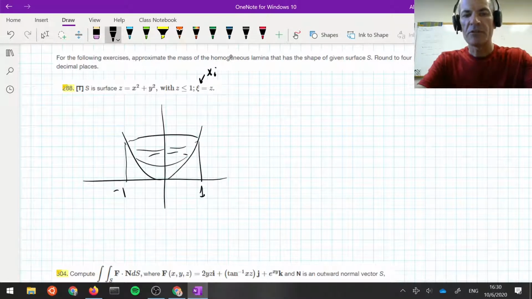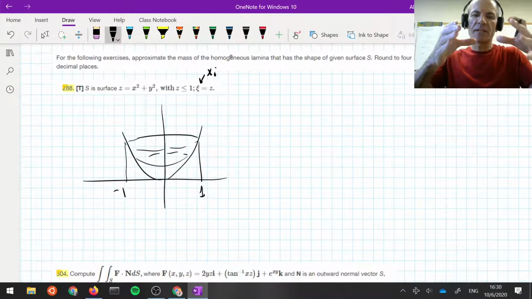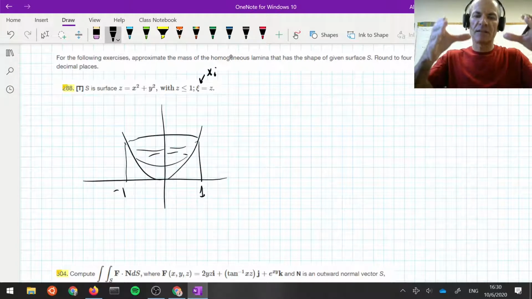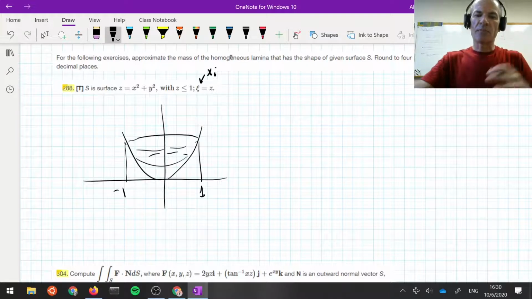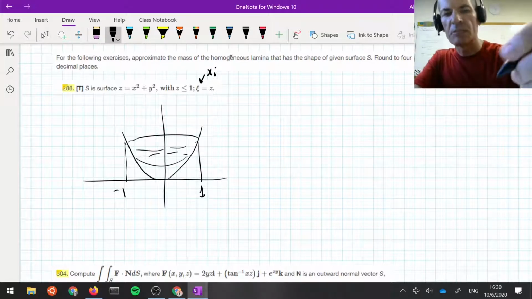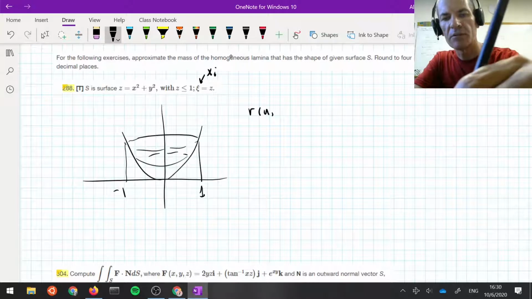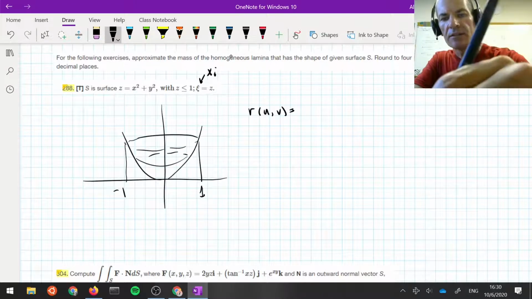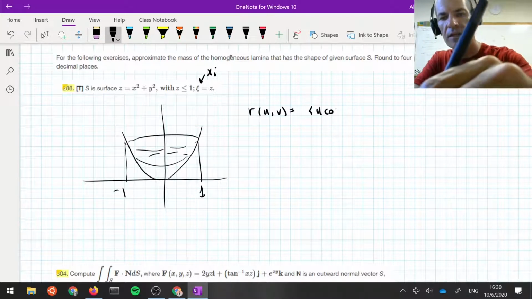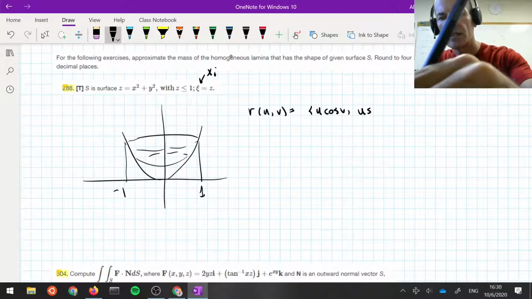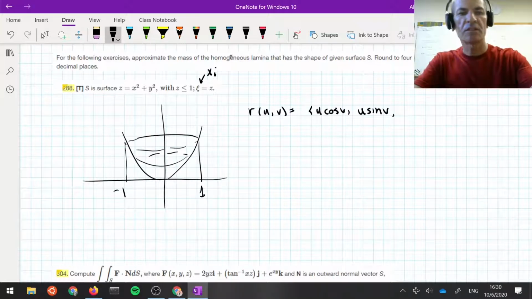What's a good way to parameterize this? The circularity of this in directions parallel to the xy plane makes me think cylindrical again. So I'm going to parameterize this r of u and v as u cosine v, u sine v, and then what's the z component?